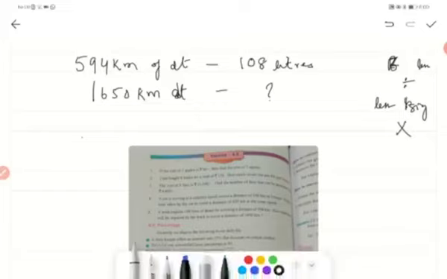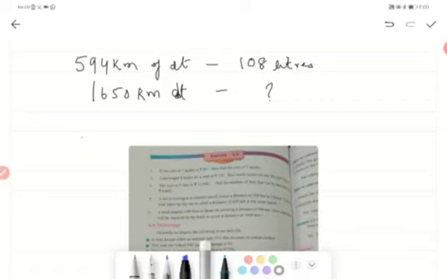Even I used to feel confused at times, but since I have used this logic, I will never go wrong now. So you also just keep this logic in mind. If we are going from big quantity to small, we will divide, and if you are going from small to big quantity, we will multiply.